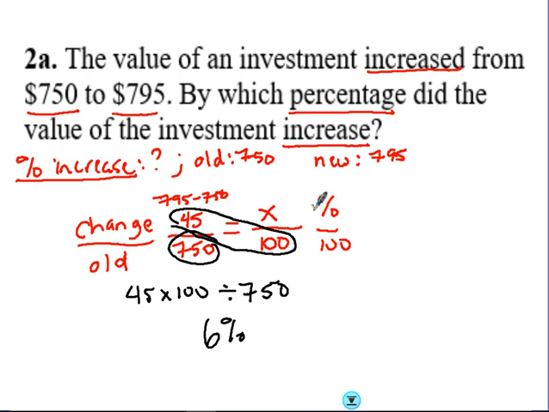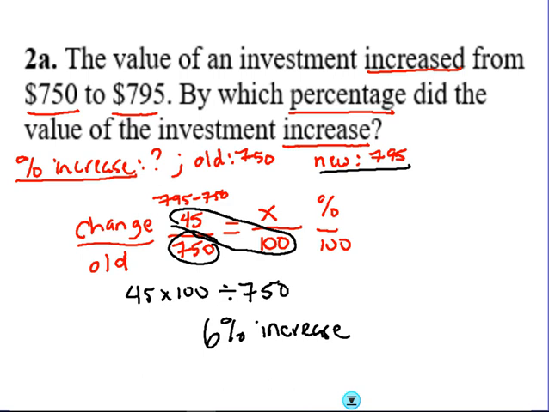So our final answer shows a 6% increase. Very important that since it's a percentage of increase, you want to know how much it changed by. You cannot simply use the new value in the numerator. You have to find how much it changed to get to the new value.